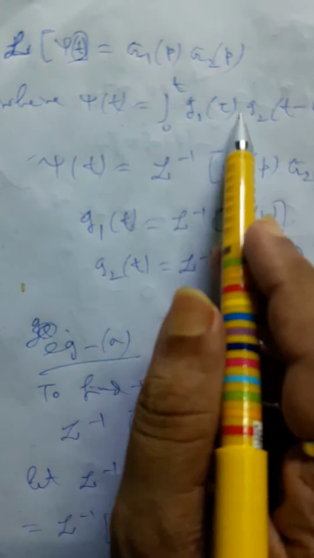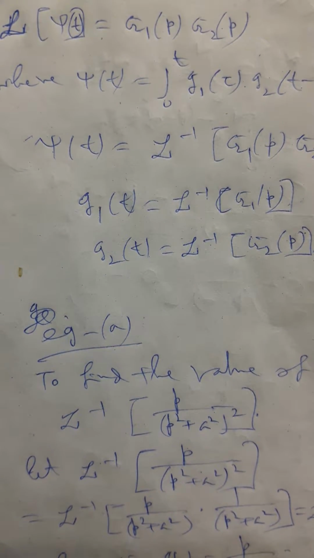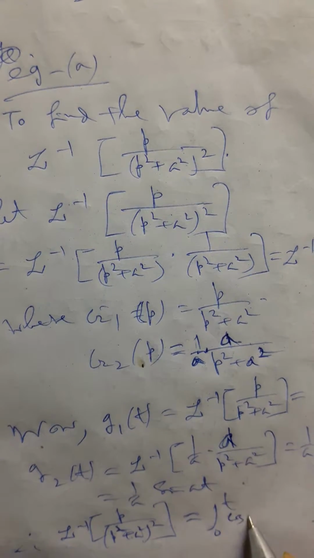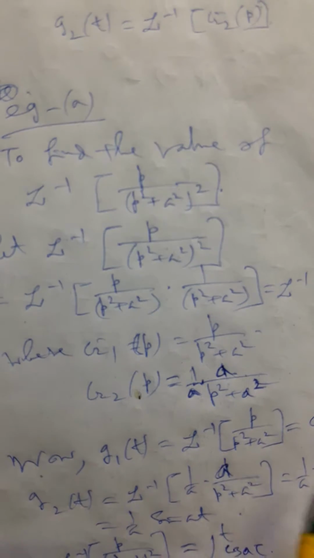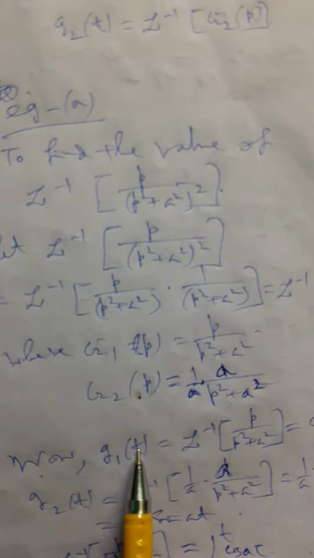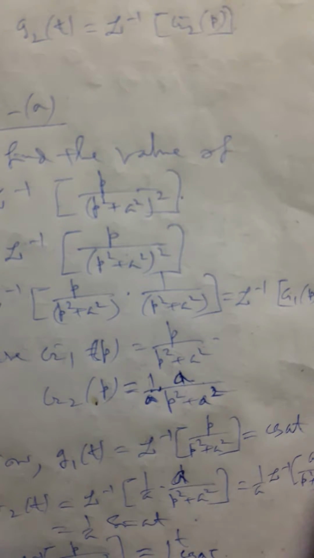Psi t is the integral 0 to t of g1(tau) g2(t minus tau). Here g1(t) will be cos of at, so g1(tau) will be cos of a tau.